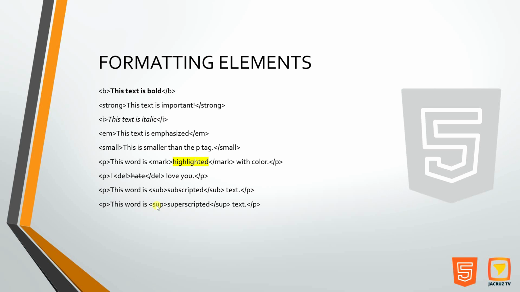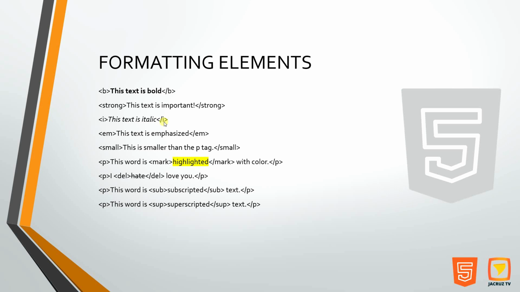If you want to highlight something, it is more advisable to use the strong tag compared to the bold tag if you want to emphasize something. And then next we have the italic tag. If you want the text to be italic, then use the italic tag element.